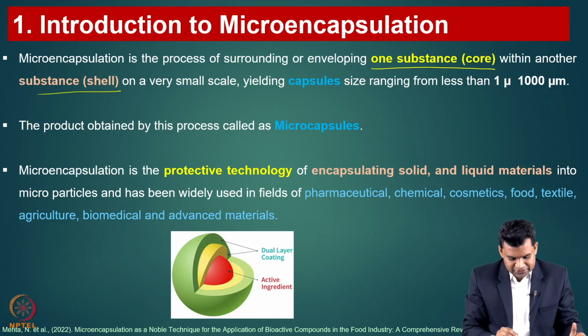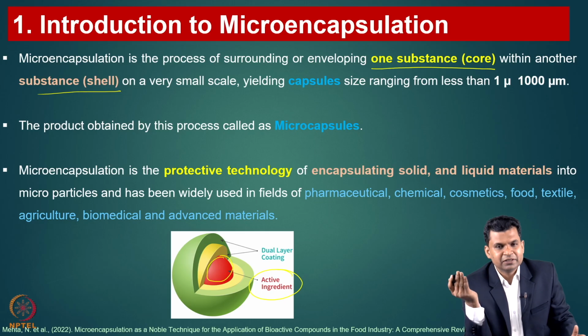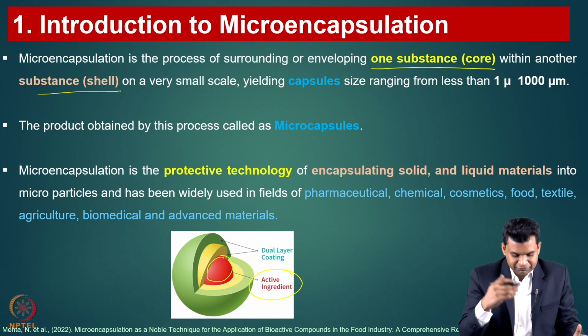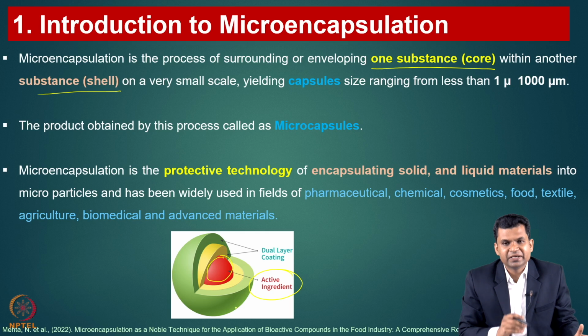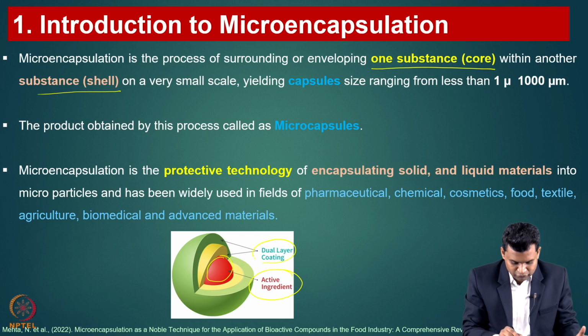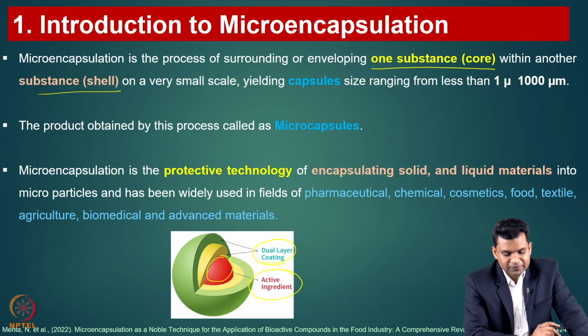In the picture you can see this is the core, and here we load our active ingredients. Sometimes it may be a single active ingredient or more than one type that we can load into this system. After that we use various types of coatings based on the number of active ingredients. We can coat with various types of polymers. That is called the shell, and yes, the size is very small.